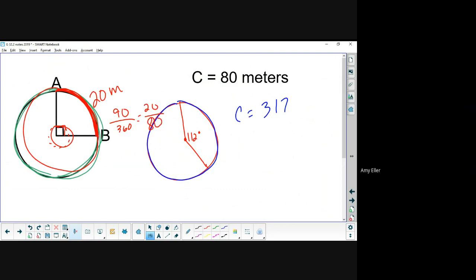So if I were doing this one over here, the degrees I have are 112 out of 360, the total degrees. What's the total circumference outside? 317. What fraction do I have? That's what I want to know. This is how we're going to go about solving it. Figure out what fraction of the circle you have, and that will be what fraction of the whole outside you have.